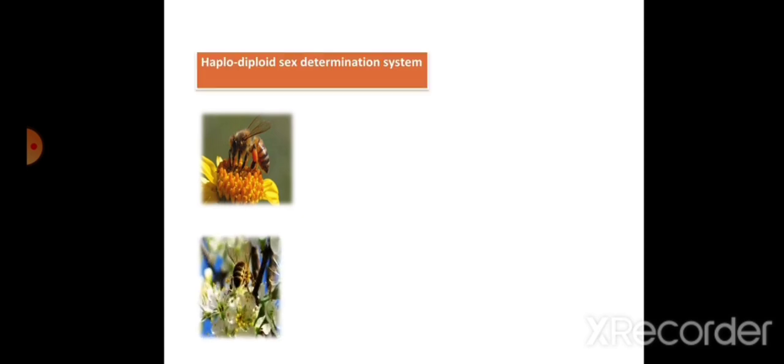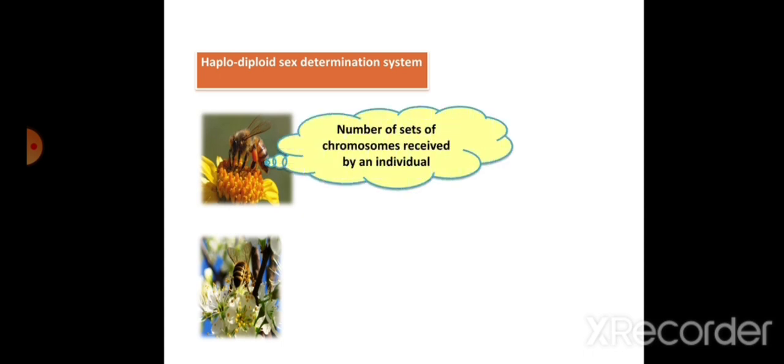The honeybee has a special type of sex determination, where there is no XX, XY or any sort of chromosomal method, but the haploid-diploid concept of sex determination is present. The number of sets of chromosomes received by an individual is going to decide the sex of the new organism.